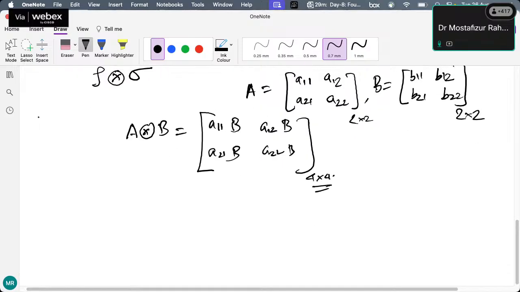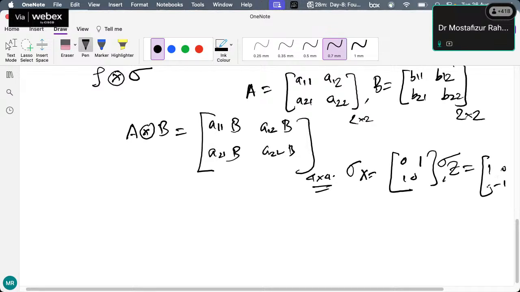Now there are certain special gates. We have seen single qubit gates, like the Pauli operators, like the X operator, or Pauli X operator, as 0, 1, 1, 0, right? Or the Z operator, or Pauli Z operator, as 1, 0, 0, -1. So this kind of matrices.